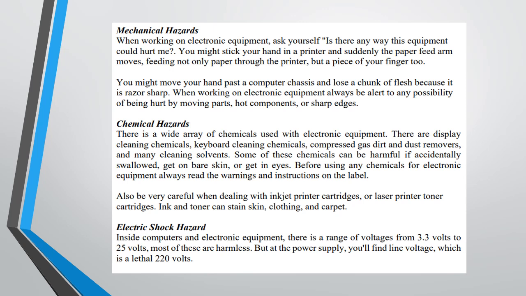Before using any chemical for electronic equipment, always read the warning and instructions on the label. Also be very careful when dealing with inkjet printer cartridges or laser printer toner cartridges. Ink and toner can stain skin, clothing, and carpet.